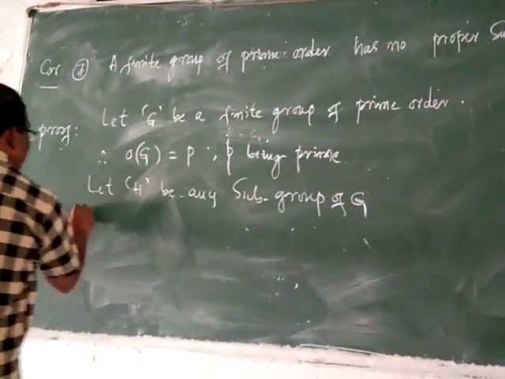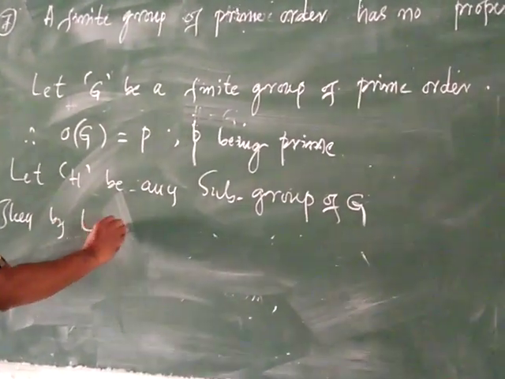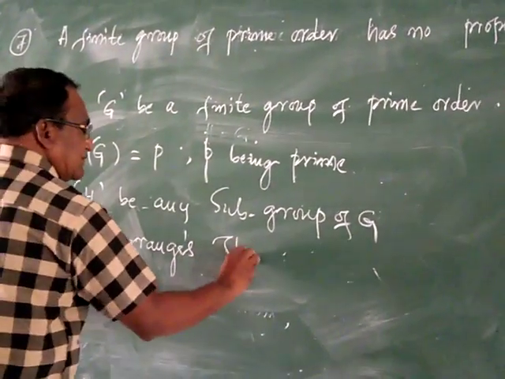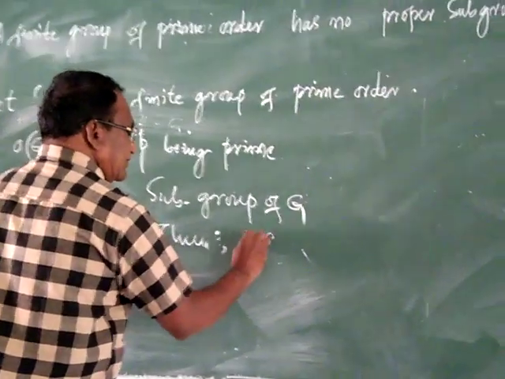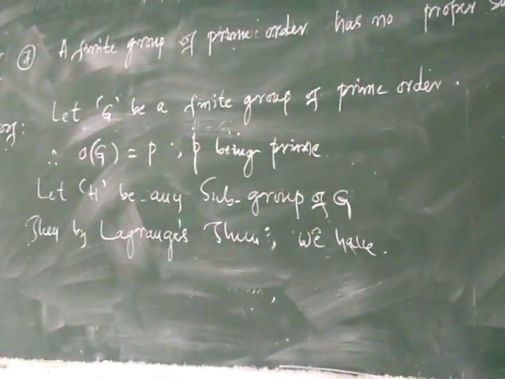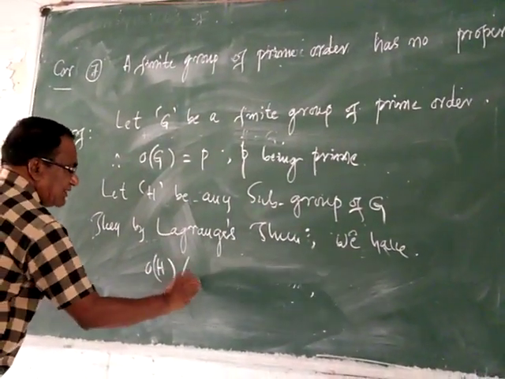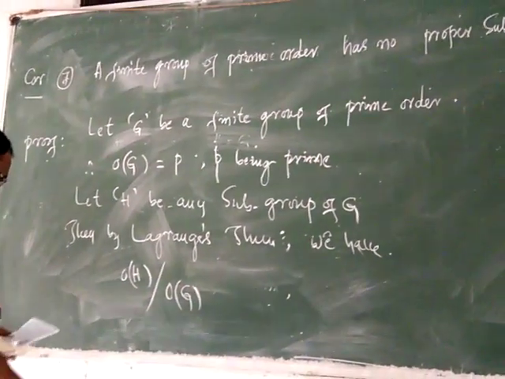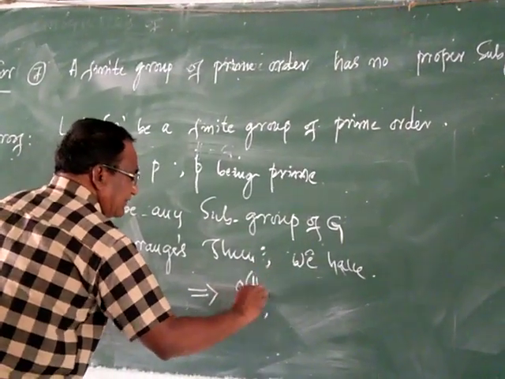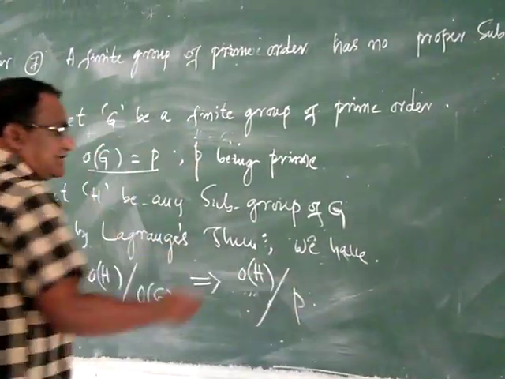Then by Lagrange's theorem, we have, see here, G is a finite group and H is a subgroup of G. Then the order of H divides the order of G, which is P. But P is a prime number.